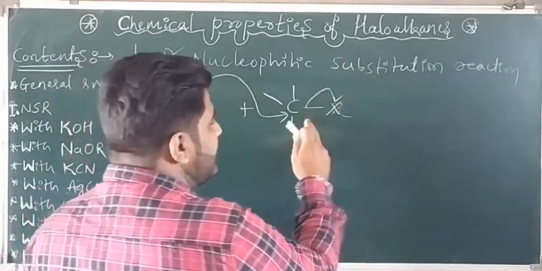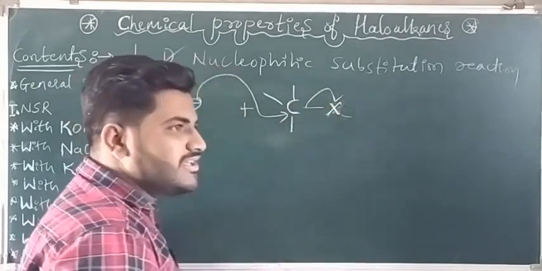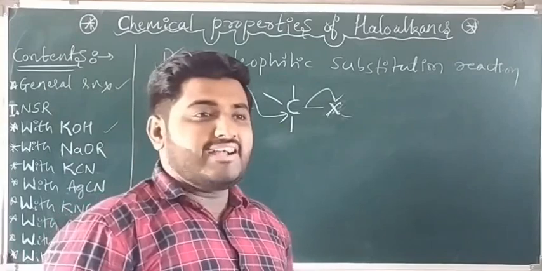Why is this eliminated? Because compared to carbon, X, the halogen atom, is more electronegative.